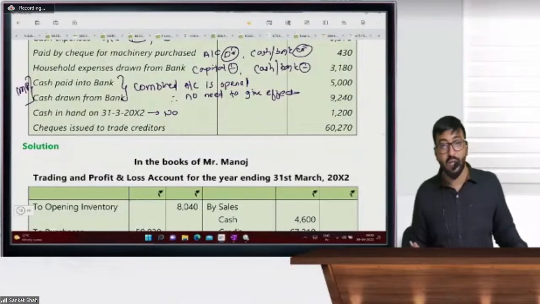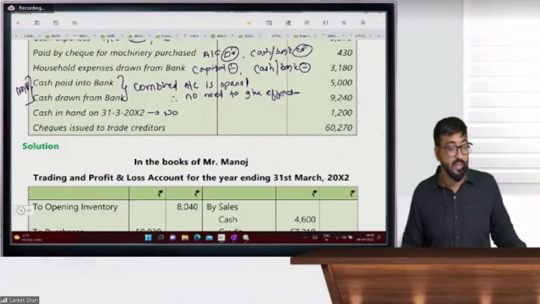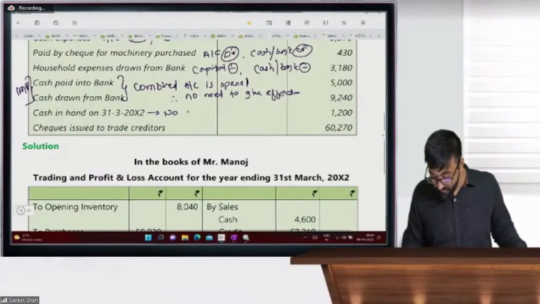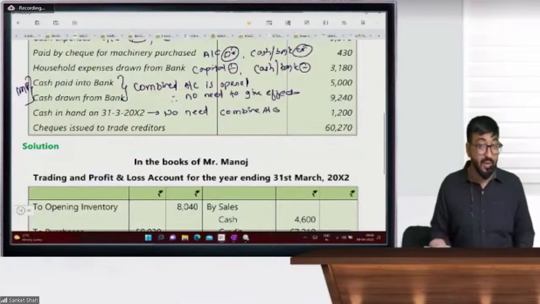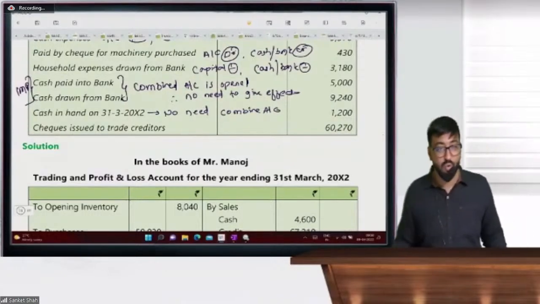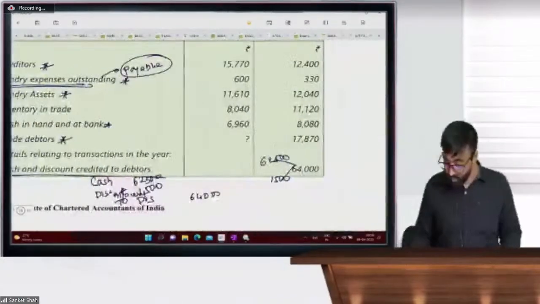If cash account and bank account are prepared separately, then contra entry. That we are going to solve in TYK questions. So don't worry. Cash in hand, no need, क्योंकि combine account. तो cash in hand और cash at bank अलग अलग करने से अच्छा combine account है ना. So we will write directly opening balance, closing balance here.